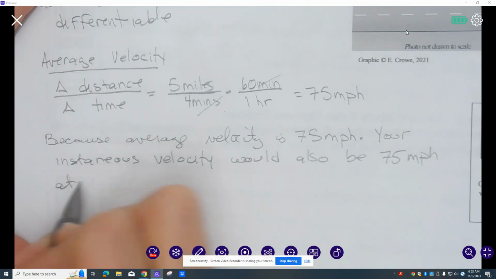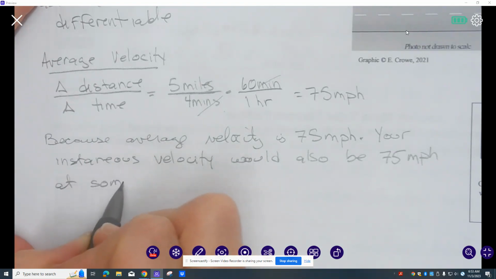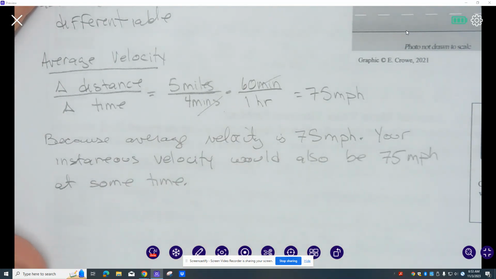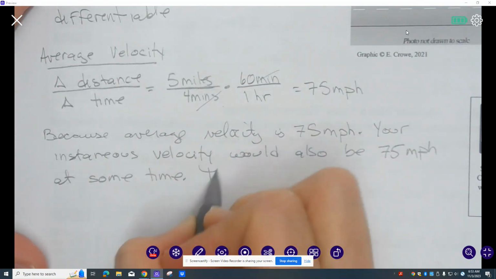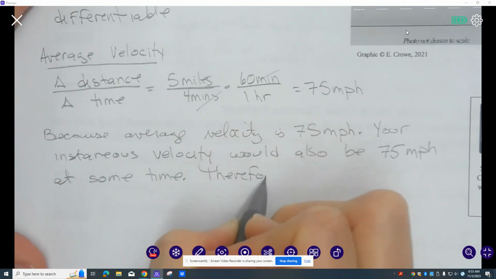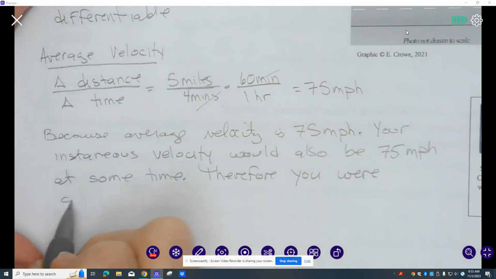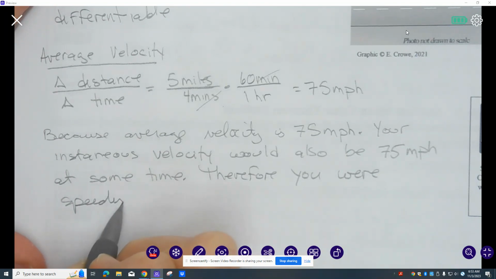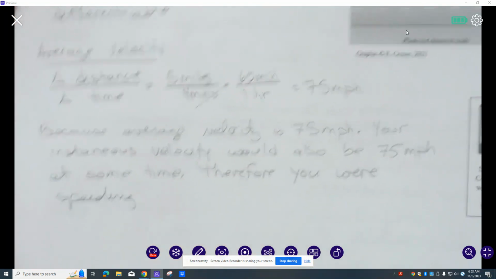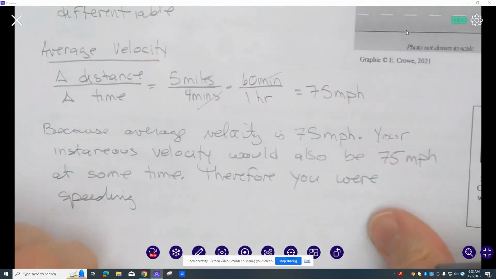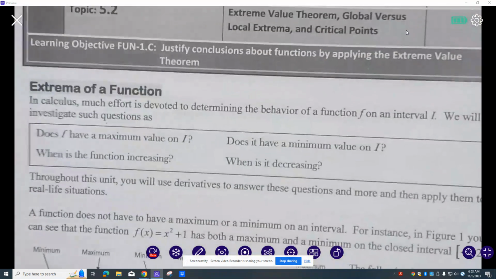That's what mean value theorem says, or I should say at some time. Therefore, you were speeding. Okay, that wraps it up for mean value theorem.